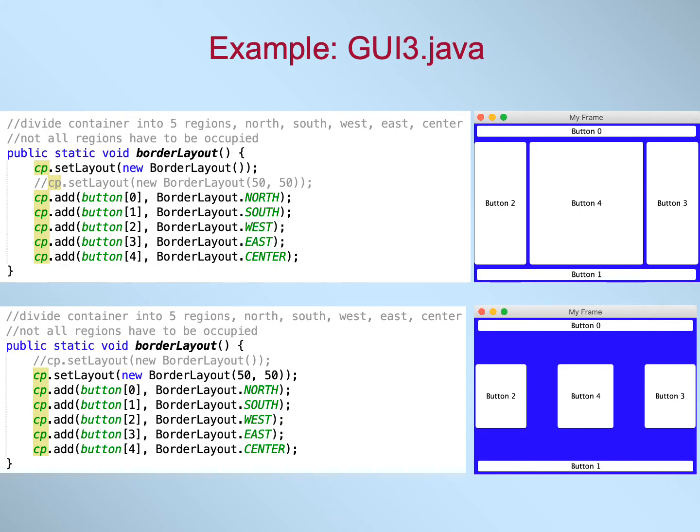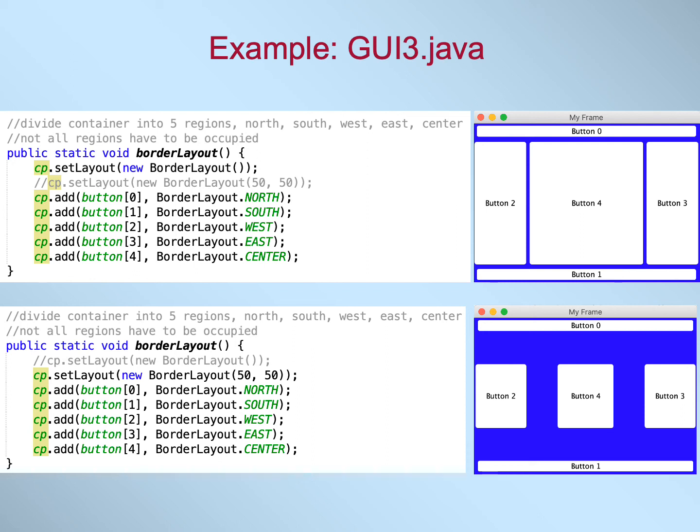Let's look at this example. This code is available on your online learning. The file is GUI3.java. Over here, for the first one, I use the first constructor, which takes in no input. And then I have 5 buttons, and I add each of them to north, south, west, east, and center.